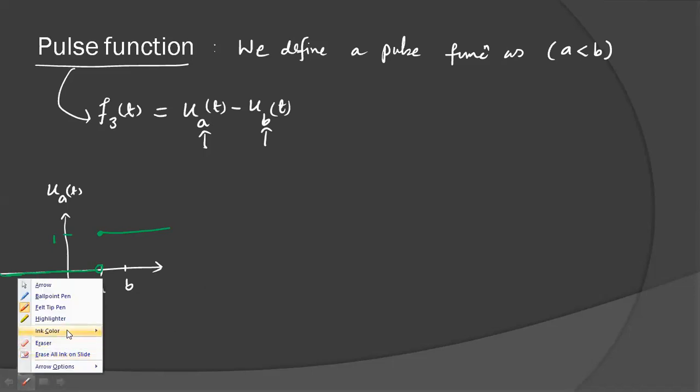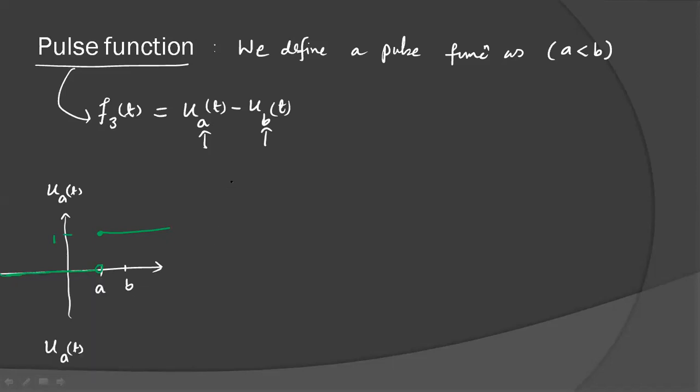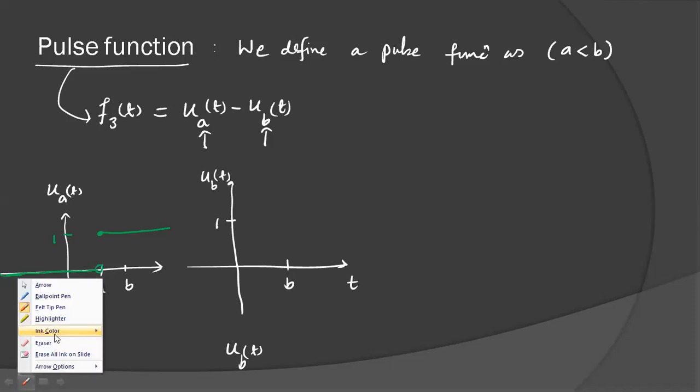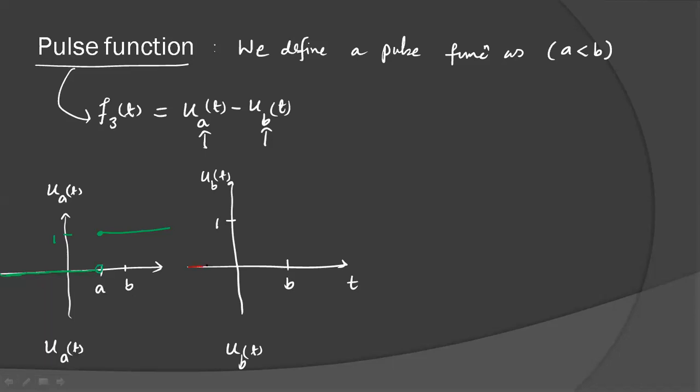Now if we draw the graph of u_b(t), in the u_b(t), b is the point of discontinuity, and up to b, the value of the function is 0, and from b onwards, the value of the function will be 1.